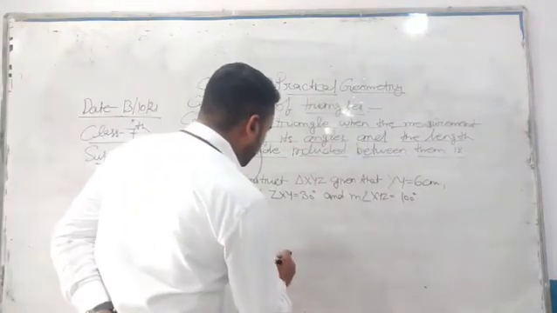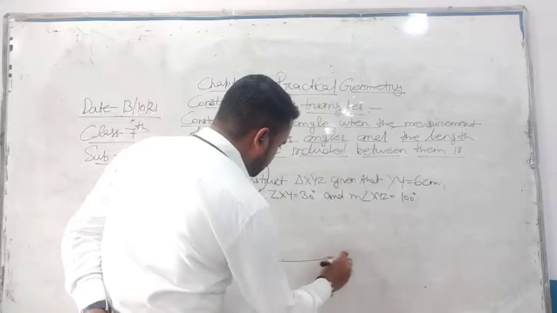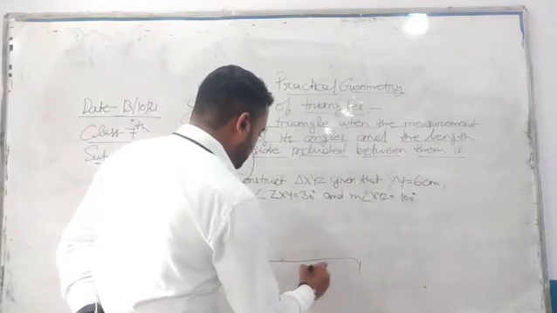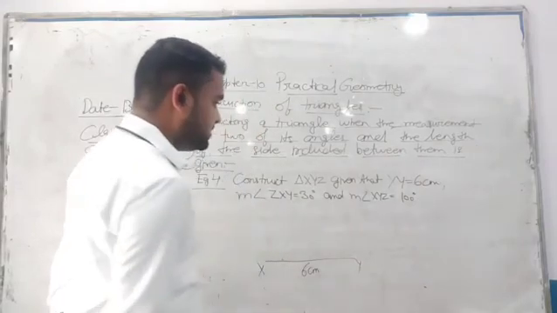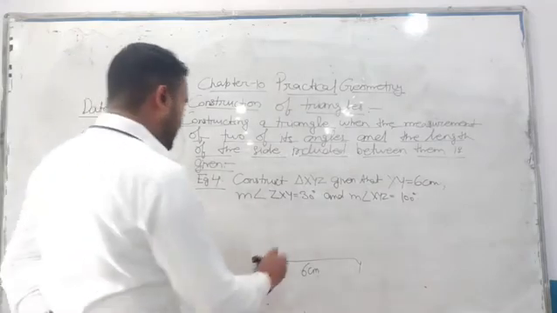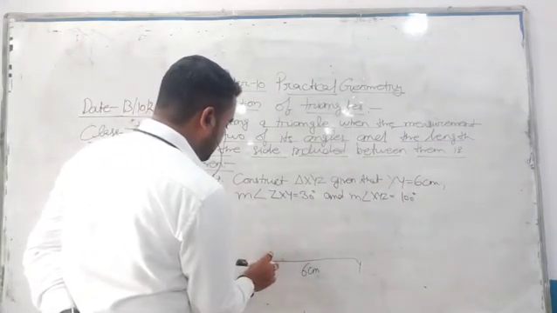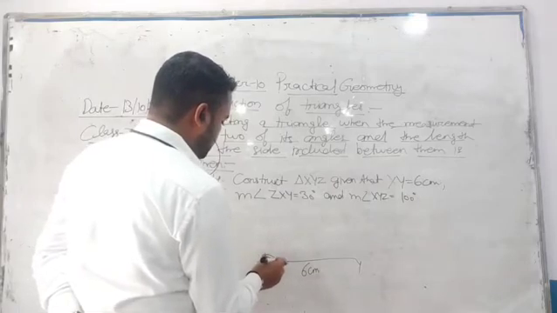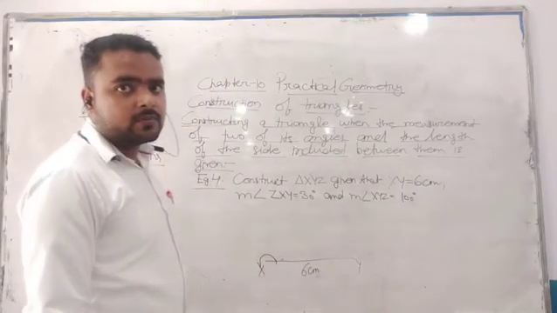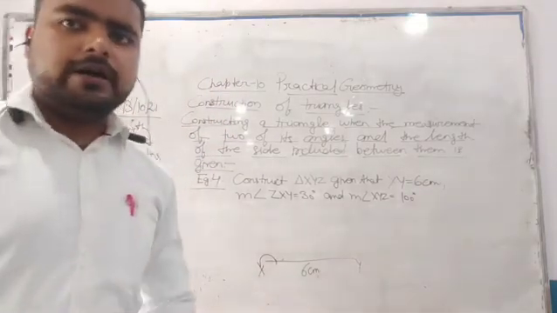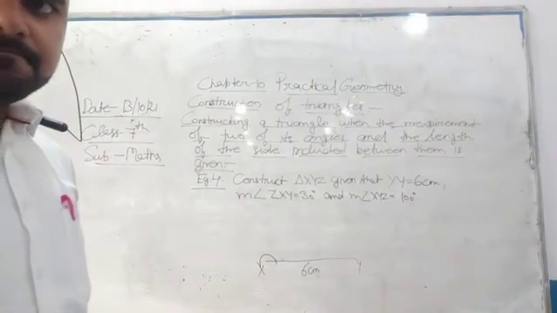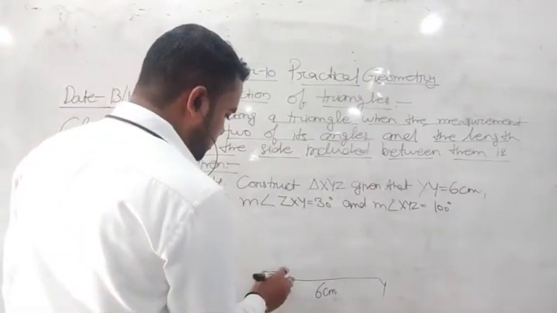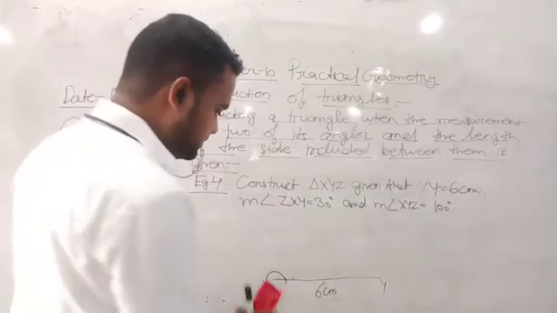First, according to the steps of construction, we have to draw a line segment XY of measurement 6 centimeter, and from point X we have to draw an angle of 30 degree.